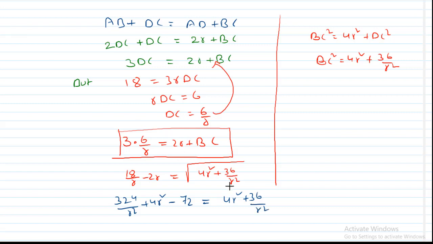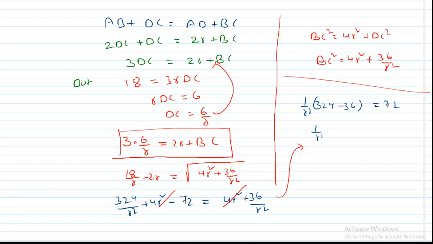Okay friends, here 4R square cancel. So I will write here 324 minus 36 into 1 by R square equal to 72.